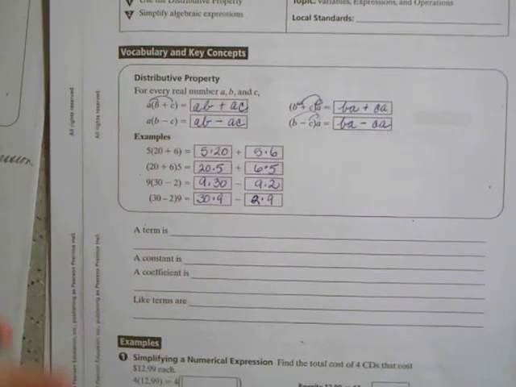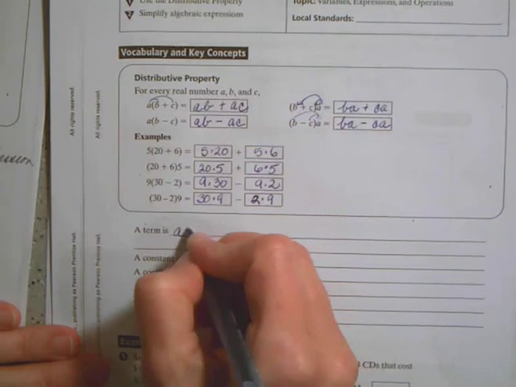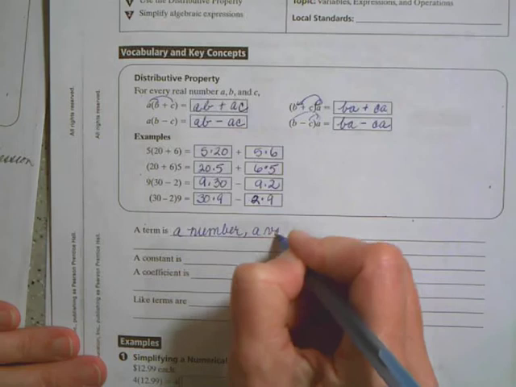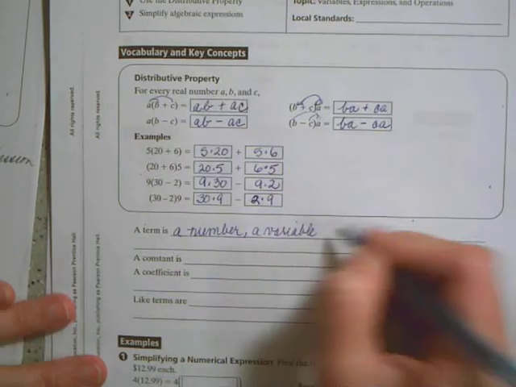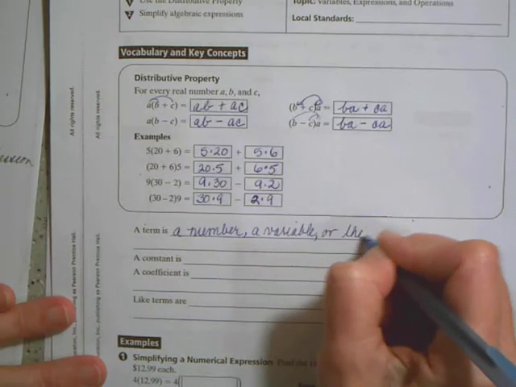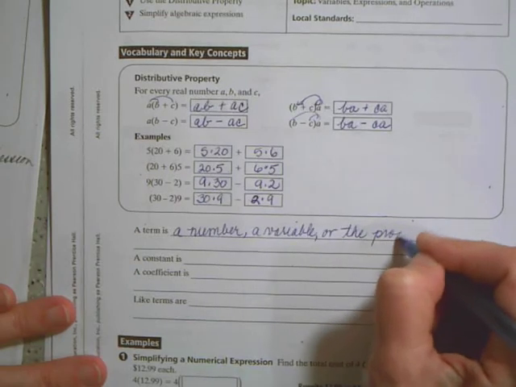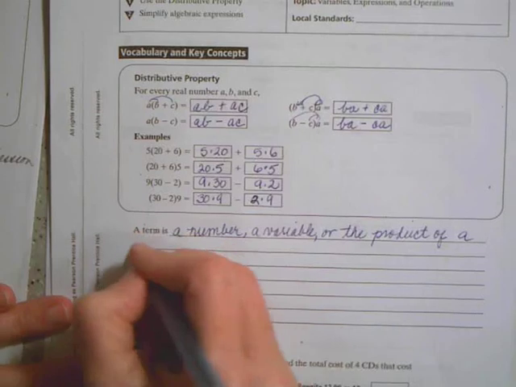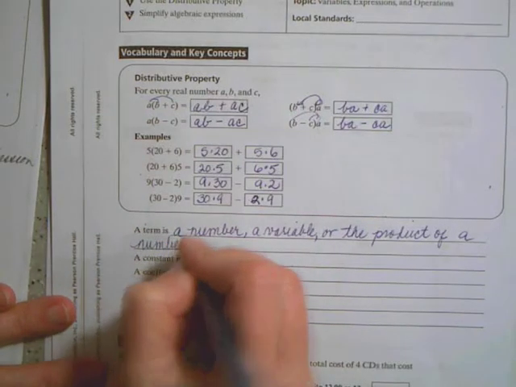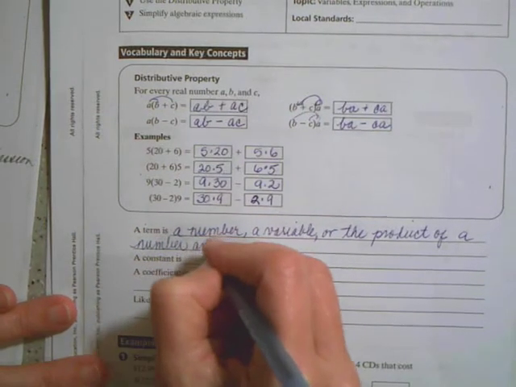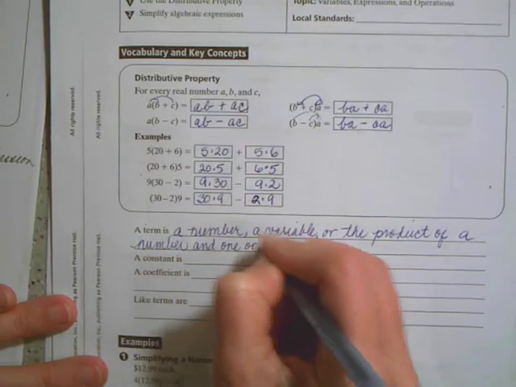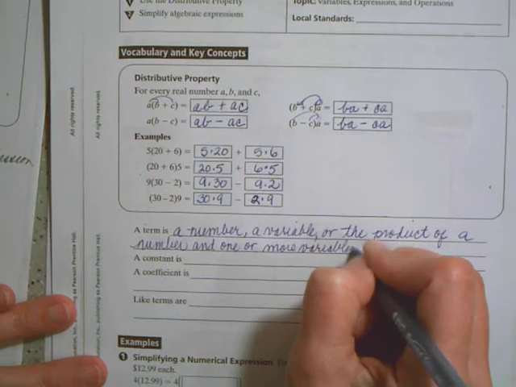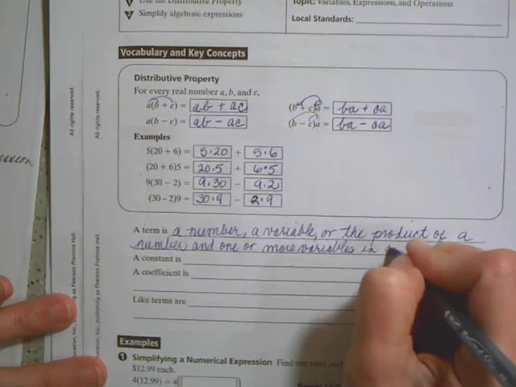All right, a term is a number, a variable, or the product of a number and one or more variables in an algebraic expression.